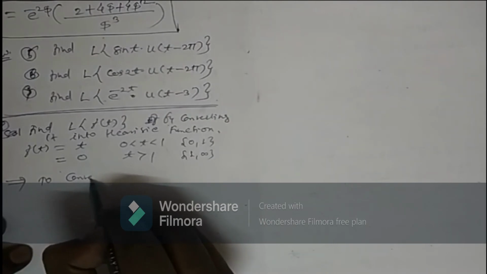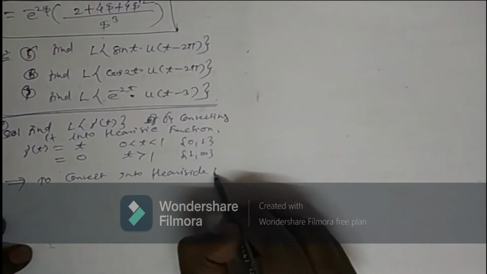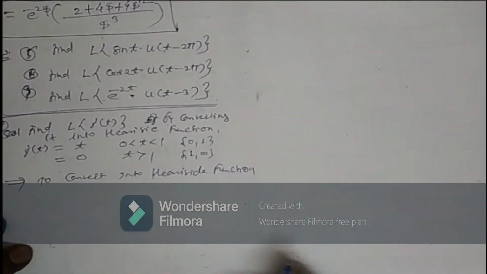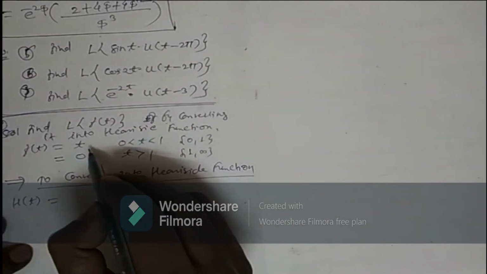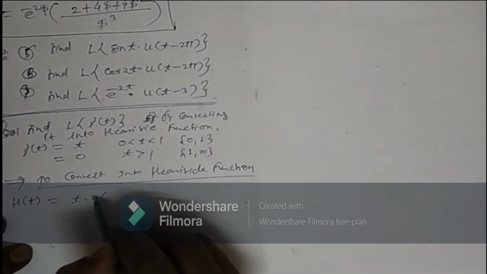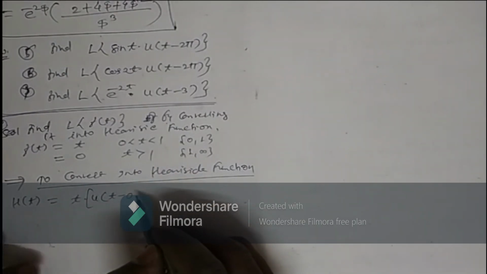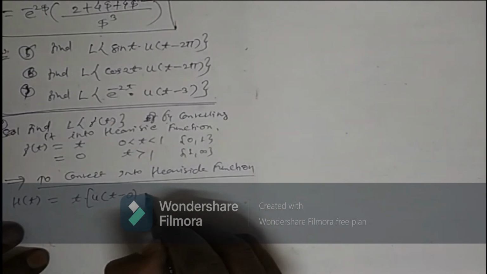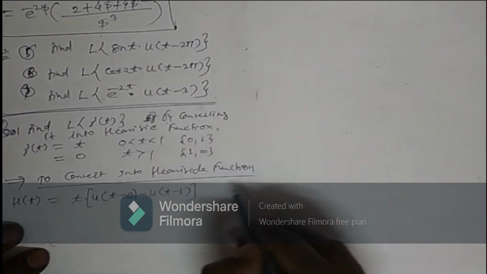Now to convert into Heaviside function, that is h of t. So h of t is equal to t into u of t minus 0 minus u of t minus 1, plus 0 into u of t minus 1, but this will be 0.